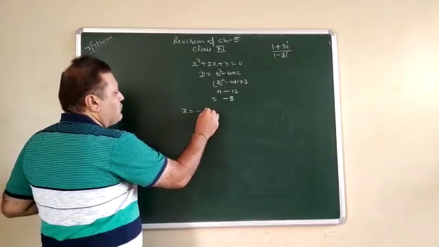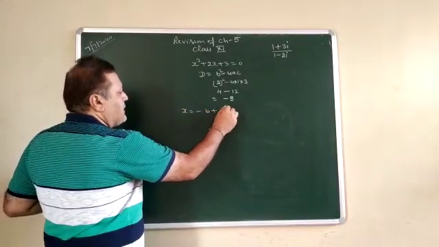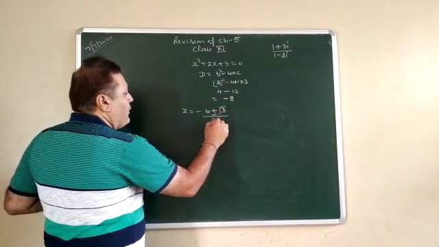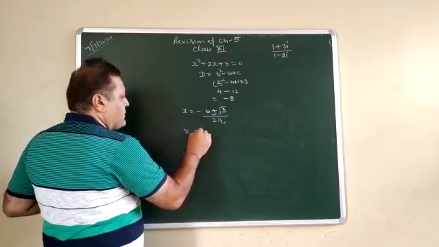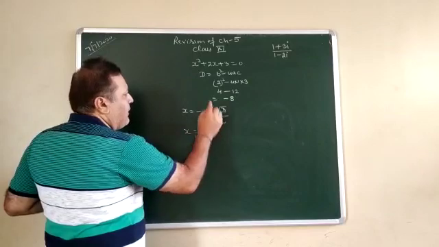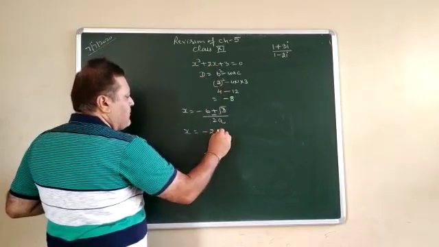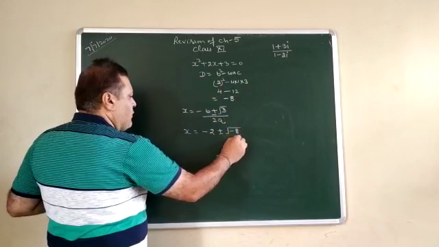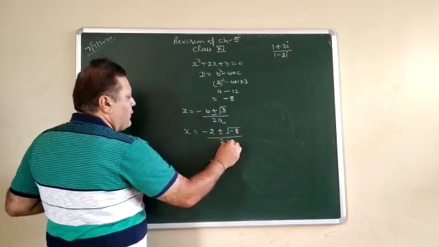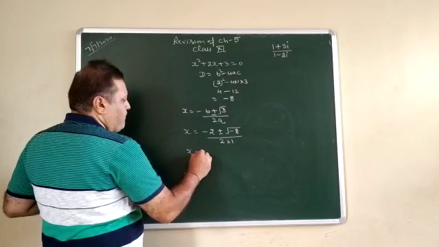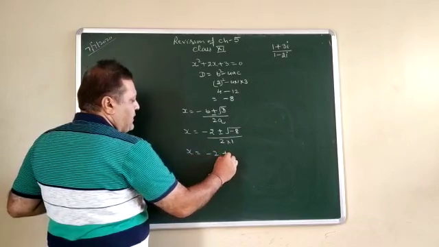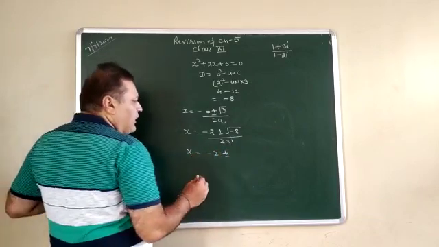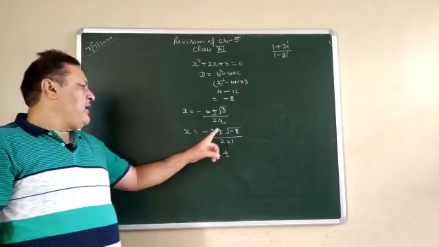x is equal to minus b plus minus under root D upon 2a. So x is equal to minus b, that means minus 2, plus minus under root of D, that is minus 8, upon 2 into a, that is 1. Now the important thing is 8.